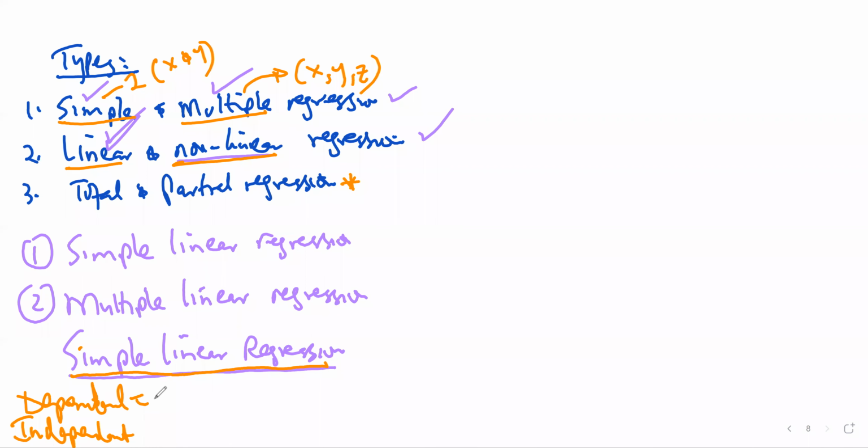Okay. So let's consider two variables x and y.